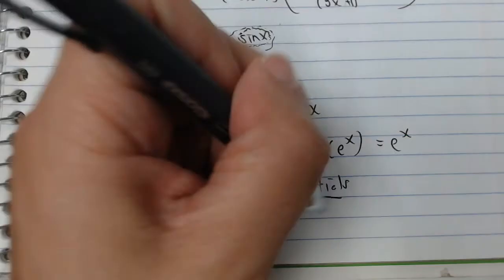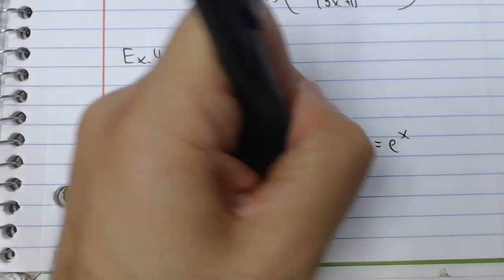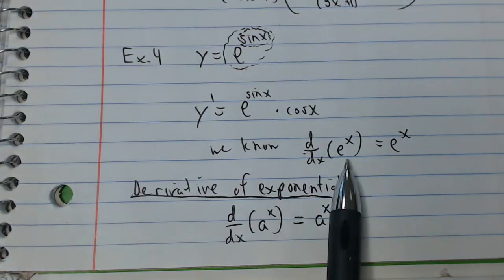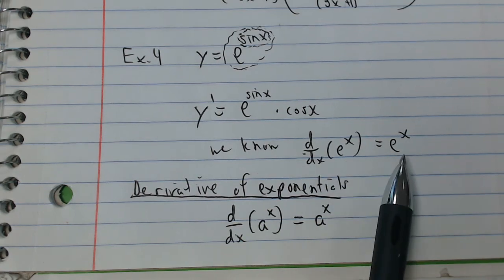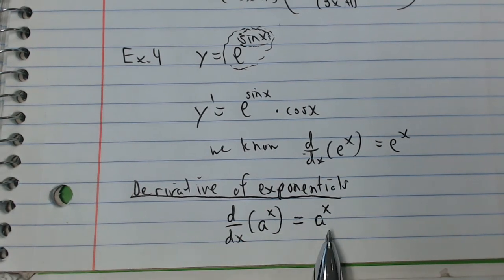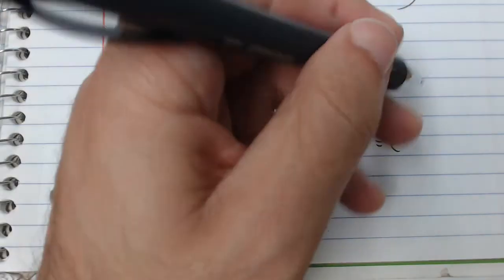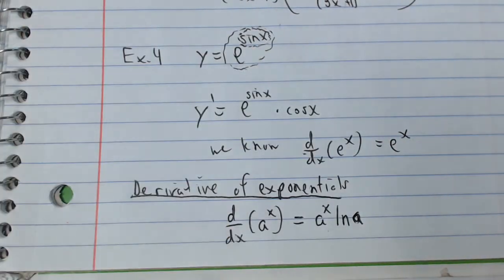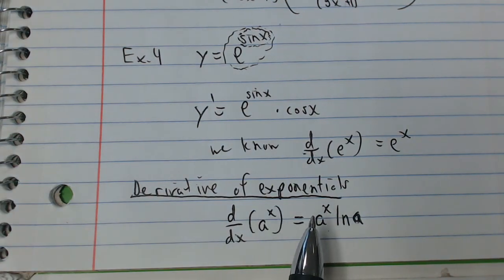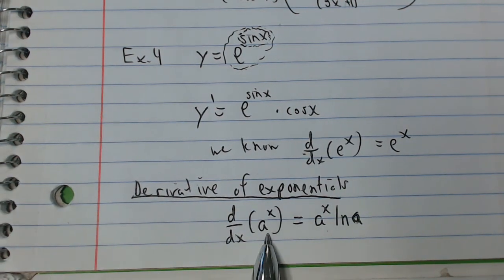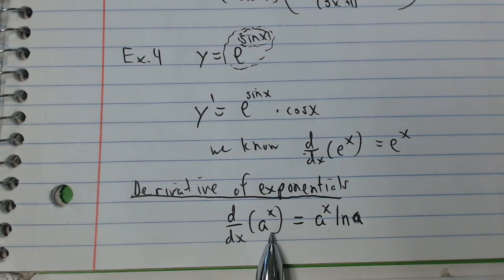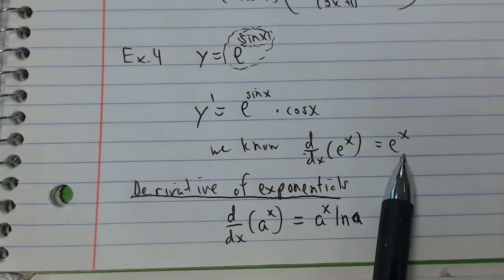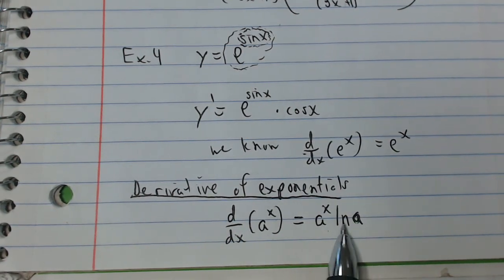It follows the rule that the derivative of e to the x is e to the x. So the derivative of a to the x is also a to the x, but times the natural log of a. So the derivative of an exponential with a base other than e is very similar to the derivative of e to the x, except it has an extra ln of a.